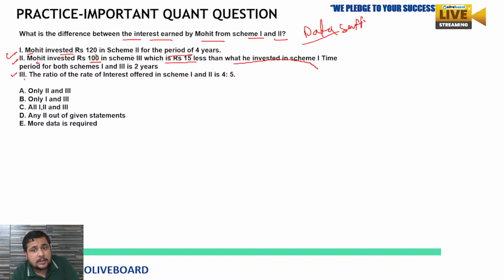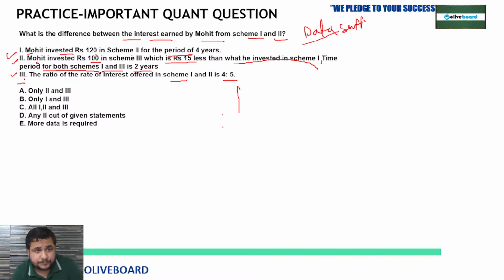Time period of both schemes 1 and 3 is 2 years. Third: the ratio of rate of interest offered in scheme first and second is 4:5.